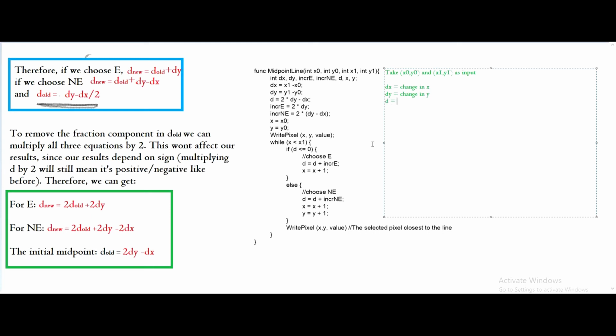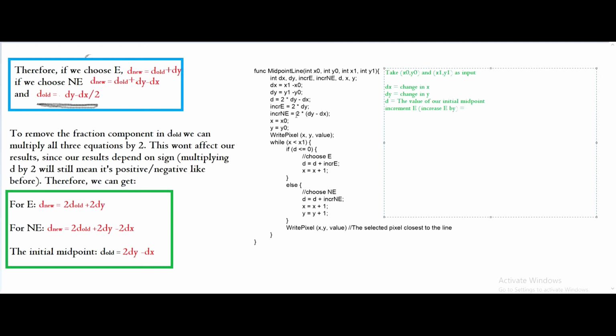Then we can see something called INCR E. That's basically increment of E, the change in E, which means increase E by.